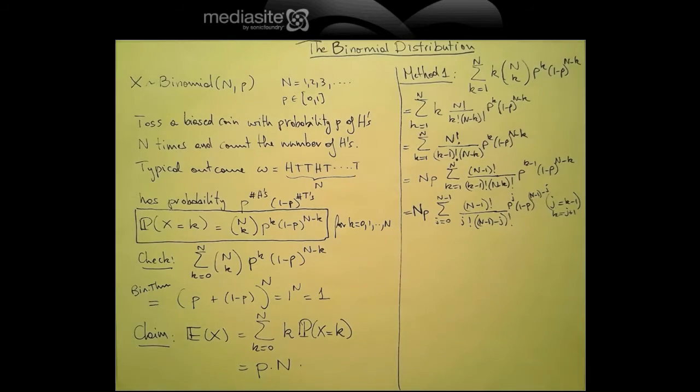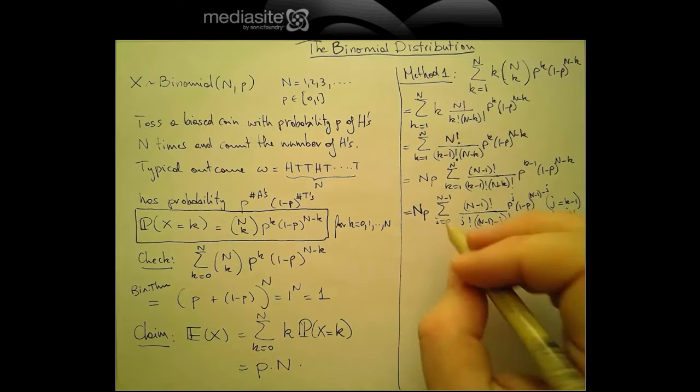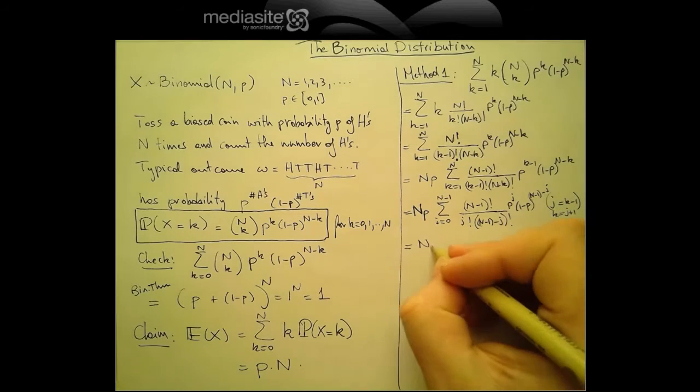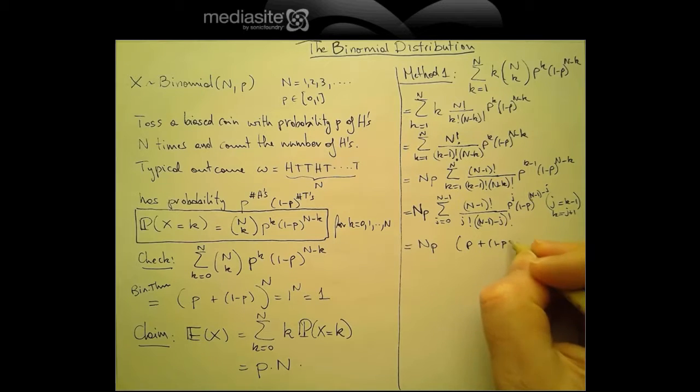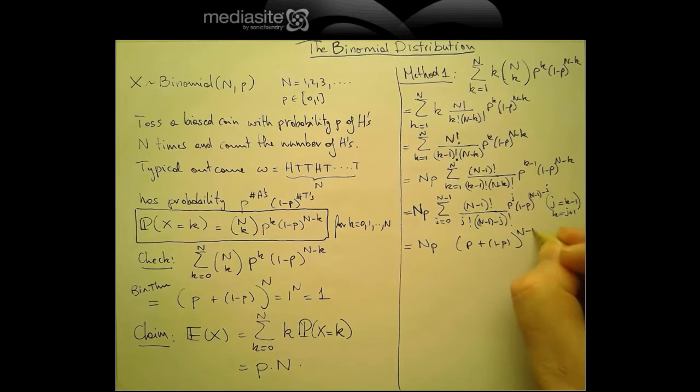Okay, so now here is another situation where I can use the binomial theorem and write this as p plus 1 minus p to the n minus 1, which is just 1, so times p. So that's the first method.